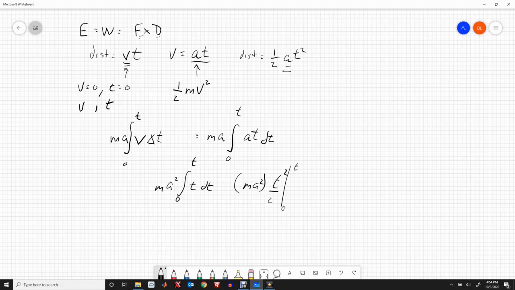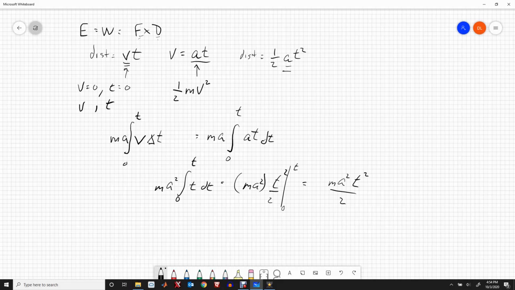Well, the 0 comes in here and goes away. So what we're left with is ma squared t squared over 2.